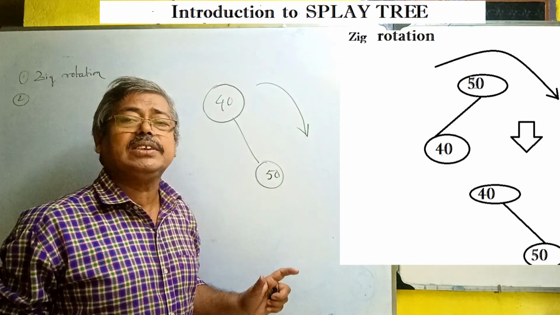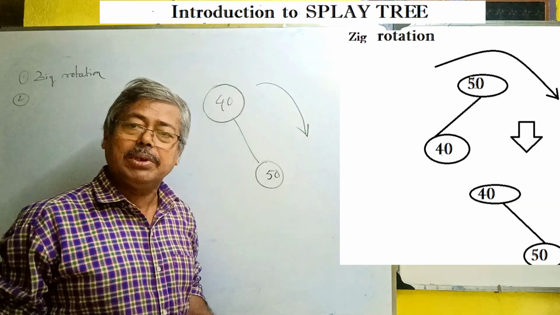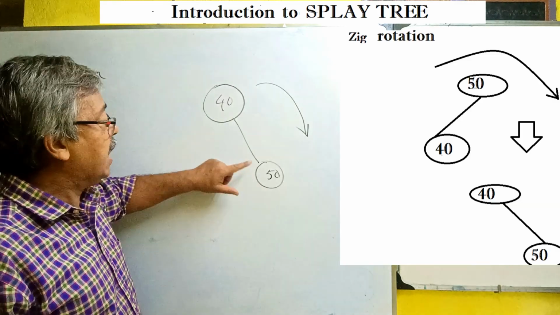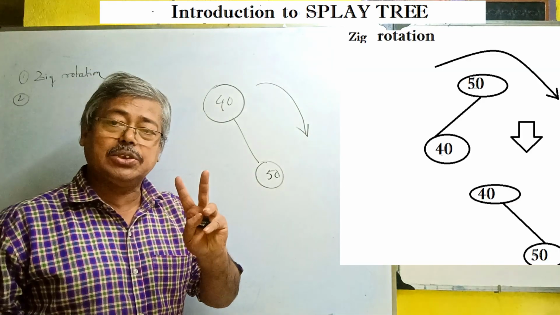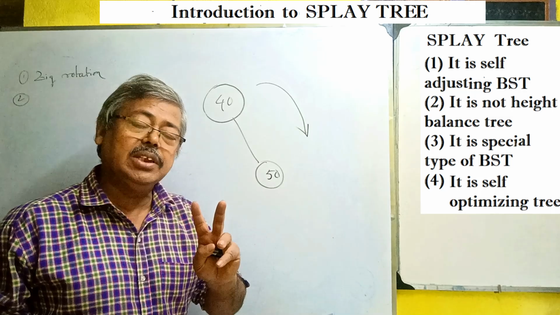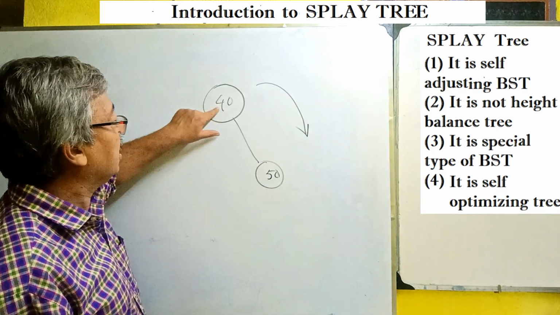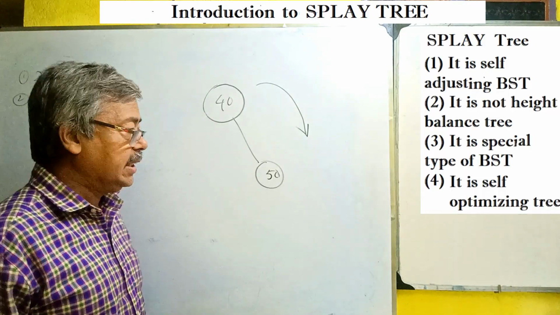If we search 40, less time will be required. Because if I want to search 50 now, I have to search first 40, then 50. Two operations are required for this search. But if we search 40, it takes the first time. So less time is required.